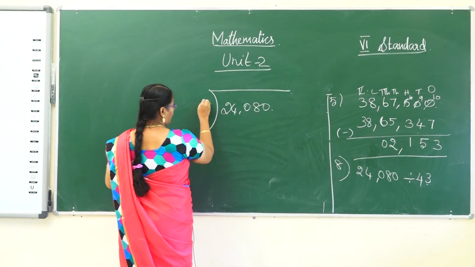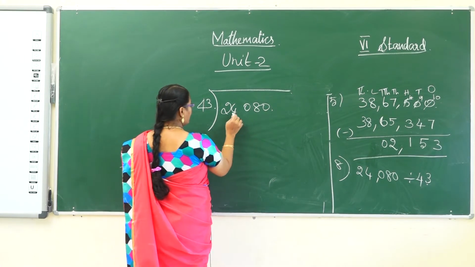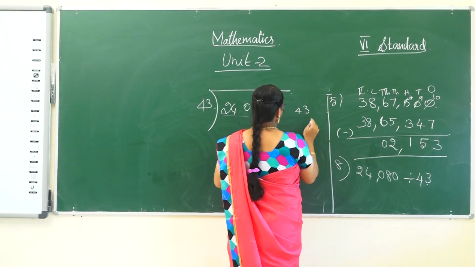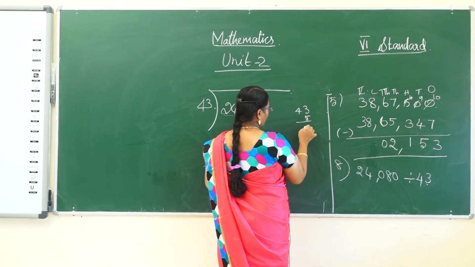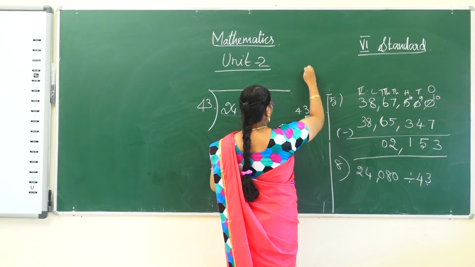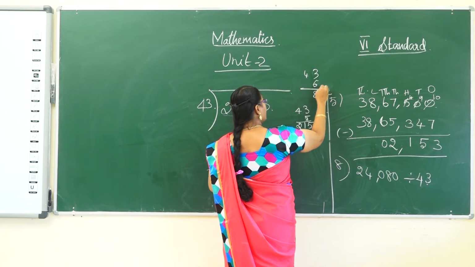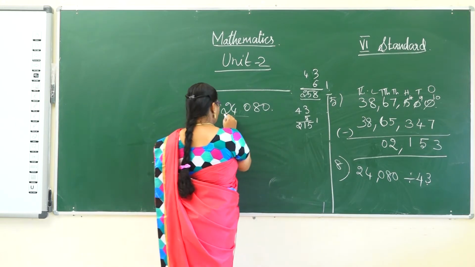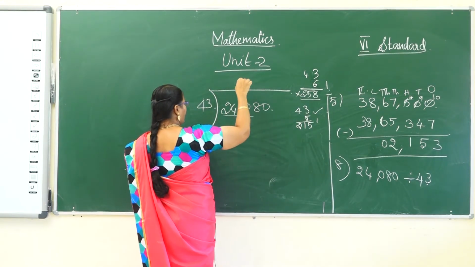How many times does 43 go into 240? The first 2 is not possible, so we consider the first 3 digits. 43 goes 5 times: 5 threes are 15, 5 fours are 20 and 1 is 21. Trying 6: 6 threes are 18, 6 fours are 24 plus 1, 25. That is more than 240, so not possible.